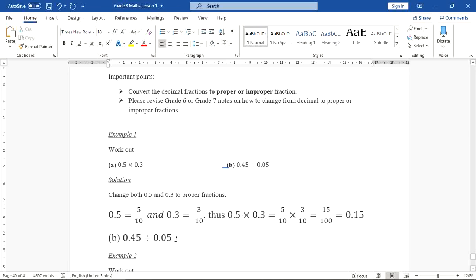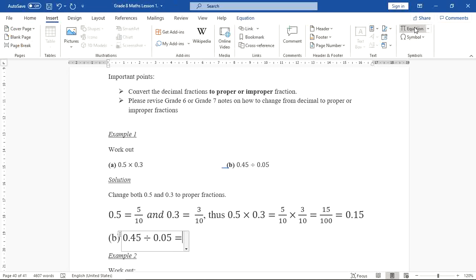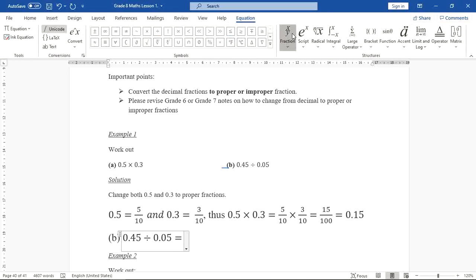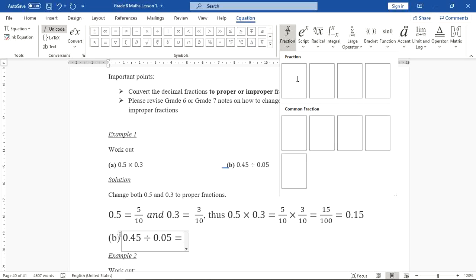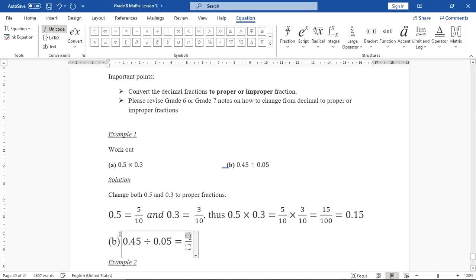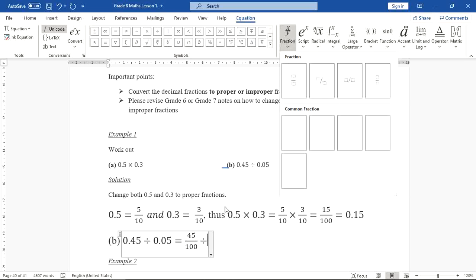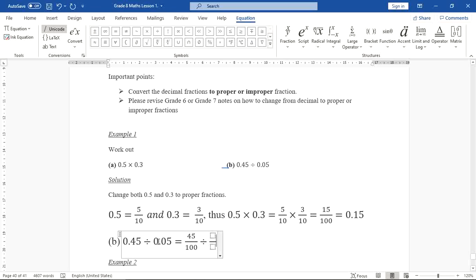So we can say that this is the same thing as 45/100, and then we should divide that by 0.05.